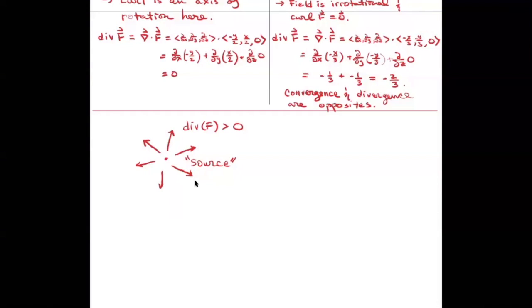And then, of course, the other case which we just looked at was when the vectors are coming together. They are converging. In those cases, the divergence is less than 0. And at this point, that's called a sink.